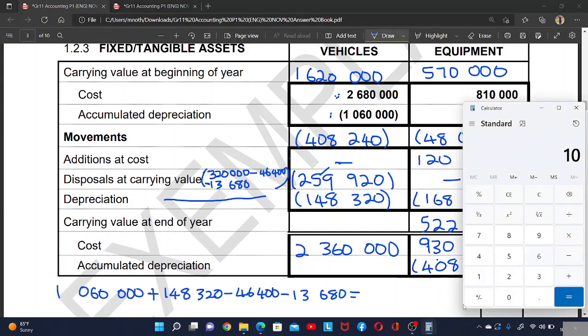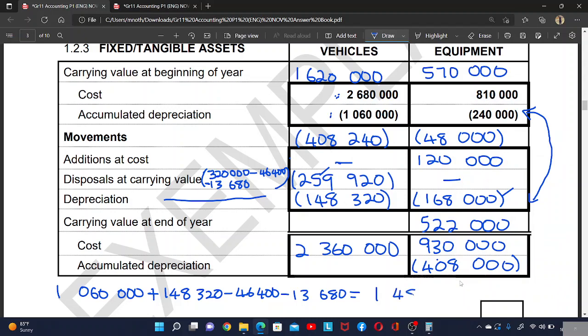So 1,060,000 plus 148,320 minus 46,400 minus 13,680 is equal to 1,148,240.